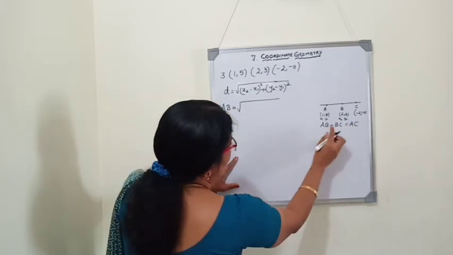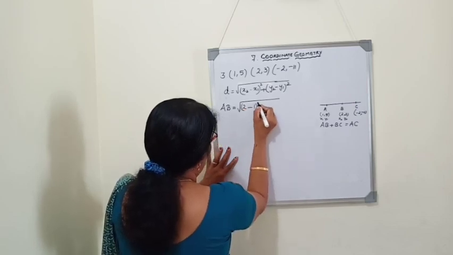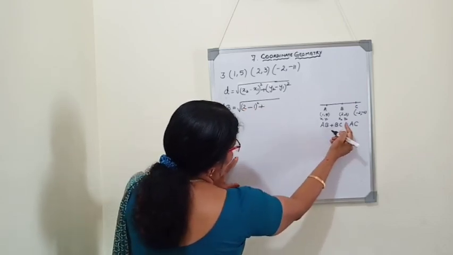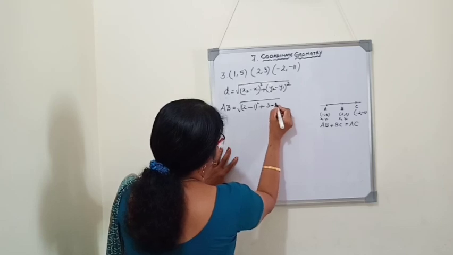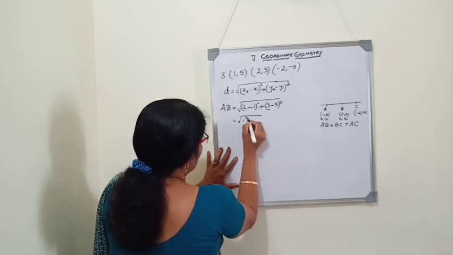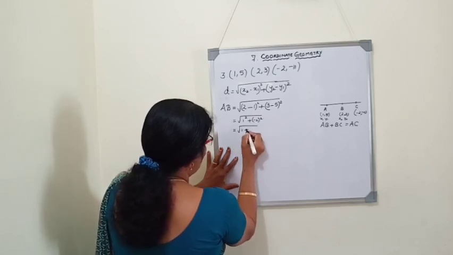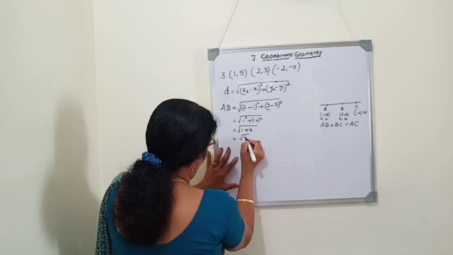So x2 is 2, 2 minus x1, 1, the whole square, plus y2, 3 minus 5, the whole square, equals square root of 1 square plus (-2) square, square root of 1 plus 4, which is square root of 5.